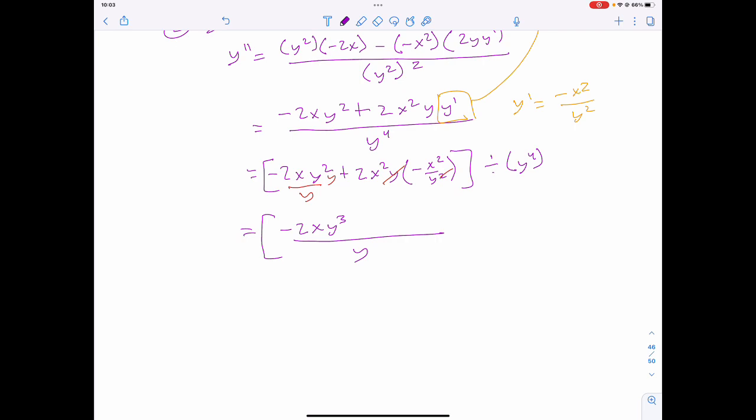And then when I multiply the negative into here, I'm going to have minus 2x to the 4. And this is all being multiplied by, if it's divided by y to the 4, multiplied by 1 over y to the 4.